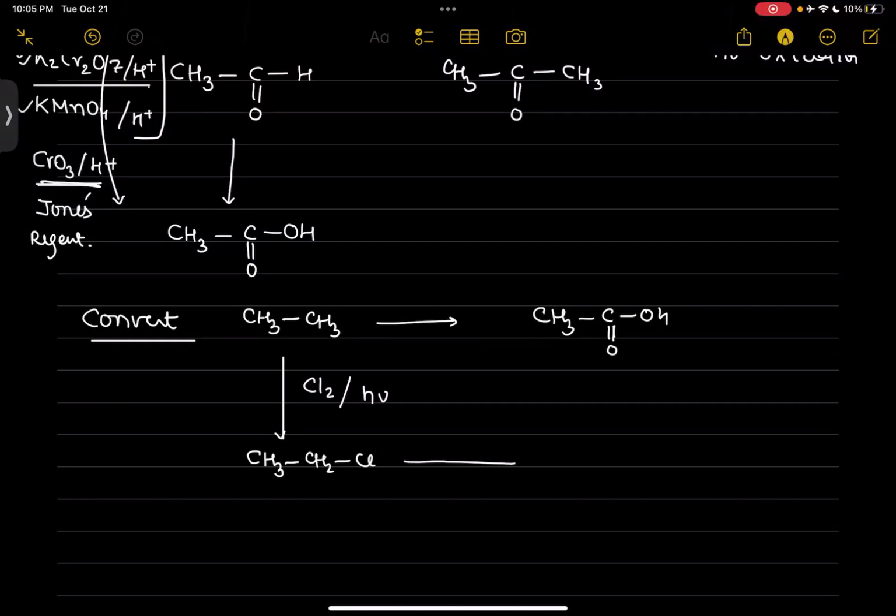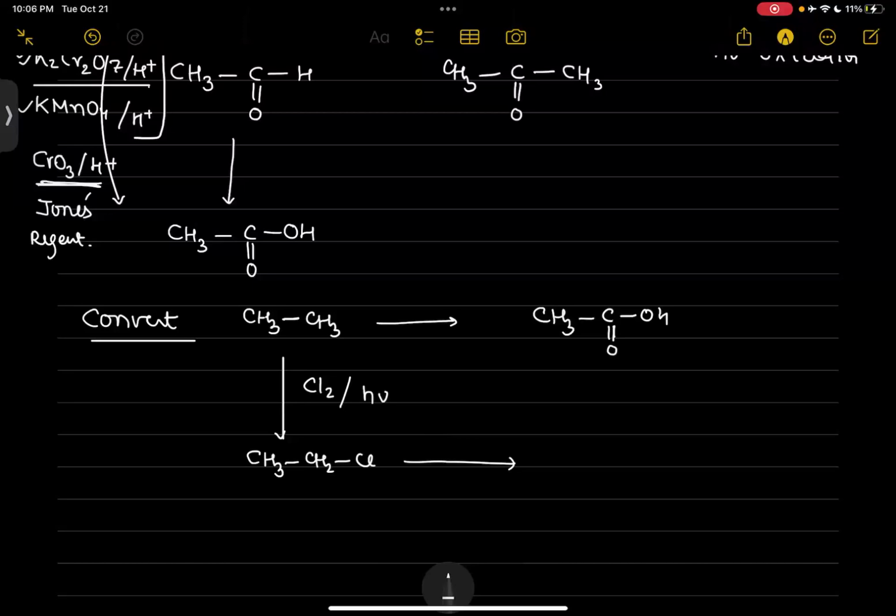Now you want carboxylic acid which has oxygen in it. So at least get the compound with one oxygen. What is that compound which has one oxygen? Alcohol. Okay.